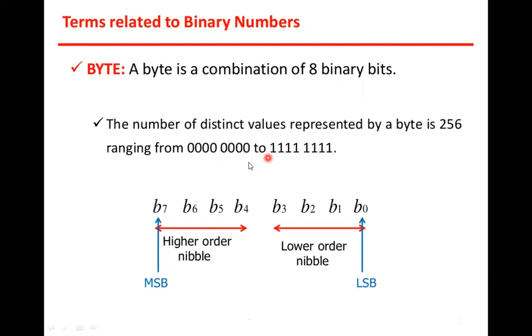Here we can see that we have 8 binary bits. This is the least significant bit and this is the most significant bit. We have 4 bits called one nibble, so this is the lower order nibble, and this is called the higher order nibble.